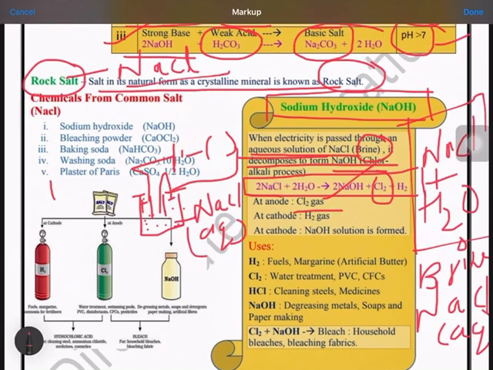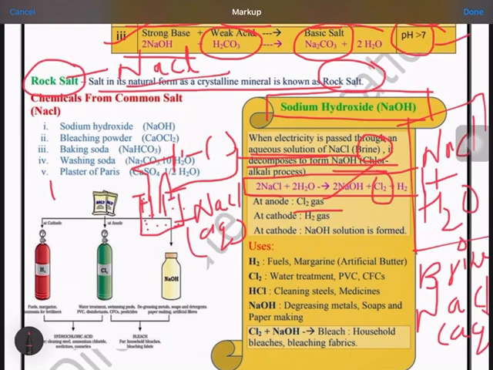Hydrogen can act as both electropositive and electronegative, but here chlorine is more electronegative, so it will take first place at the anode. That's why hydrogen gas will be collected at the cathode, which has the negative charge, and this is your anode, positive charge.